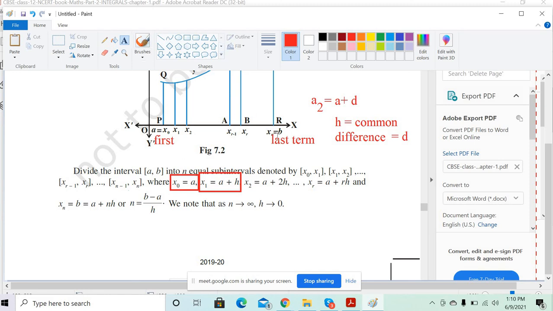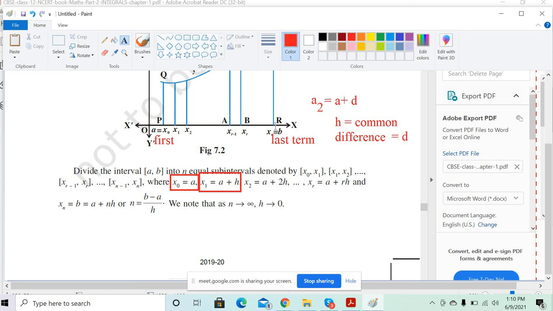Then the nth term will be given as what? It would be a plus n minus 1 h, but since we started with 0, x0 to xn, the last term is x power n, and b is the n plus 1th term, isn't it? Because one more term got added.